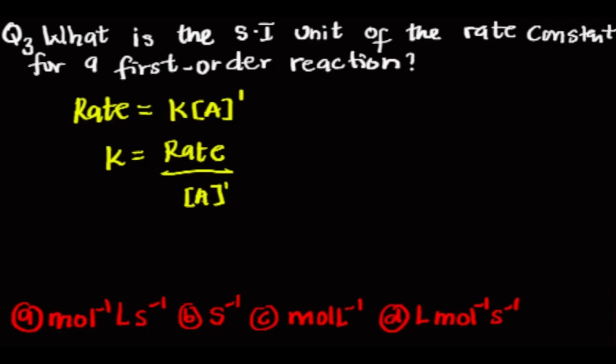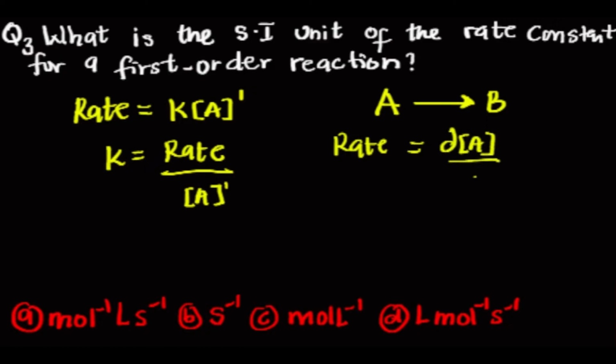Now the next thing I'm going to do is to find the rate expression for this reaction. The rate expression, let me simply say, for a first order reaction. We should know that whenever we are given a reaction that occurs from A to give rise to B, as you are seeing here, the rate is going to be equal to the change in concentration of A with respect to the change in time.